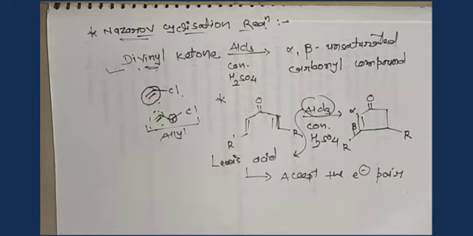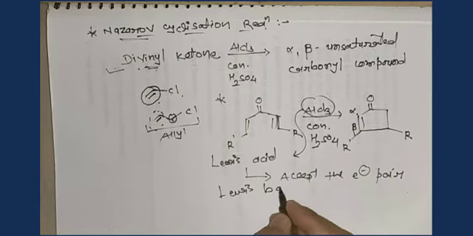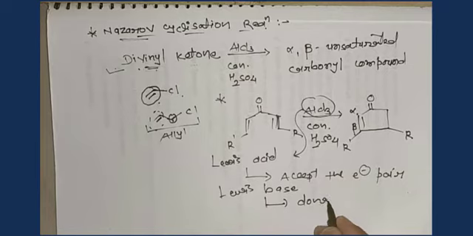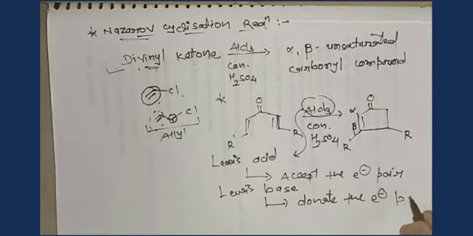On the opposite side, a Lewis base always donates the electron pair. So this is the Lewis acid base concept. Clear? So Lewis acids include aluminum chloride, SbCl3, SbCl5, right? These act as Lewis acids.